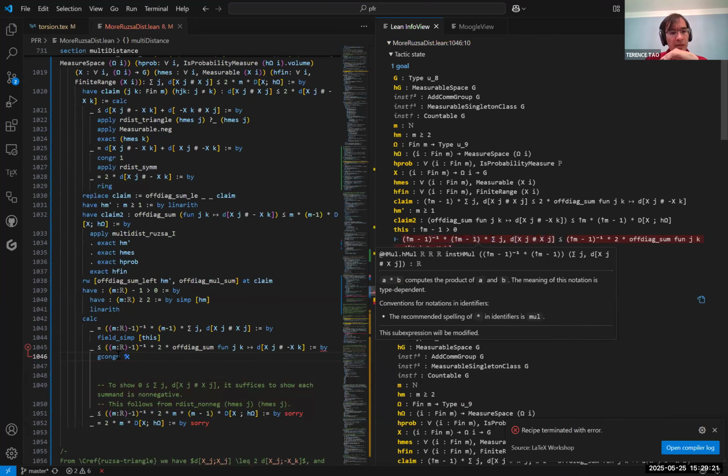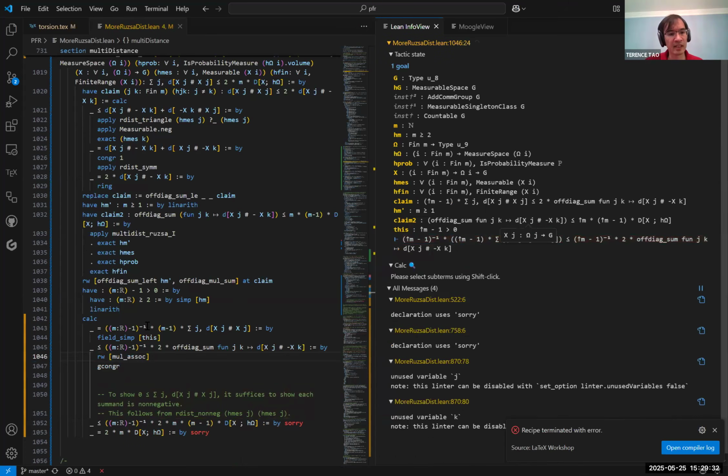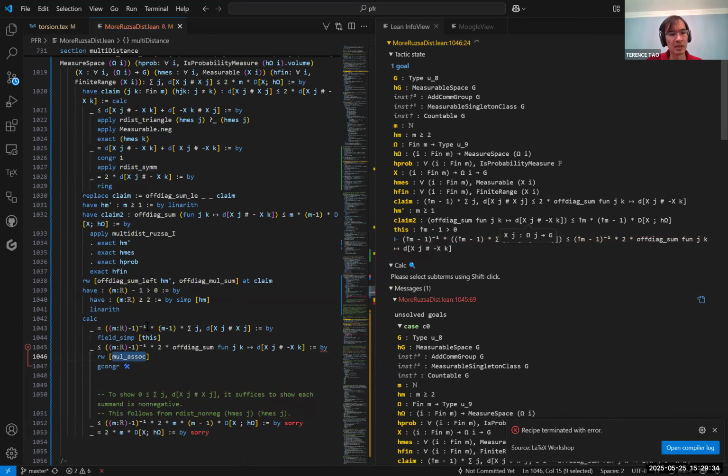Okay. First thing I'm going to have to do is associate multiplication. I need to regroup multiplication like that, and you do it twice. Let's see, can I just gcongr just one level of this?